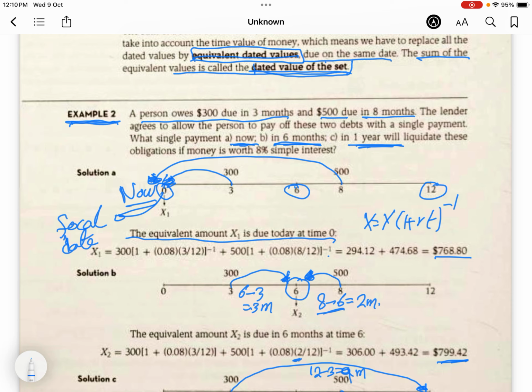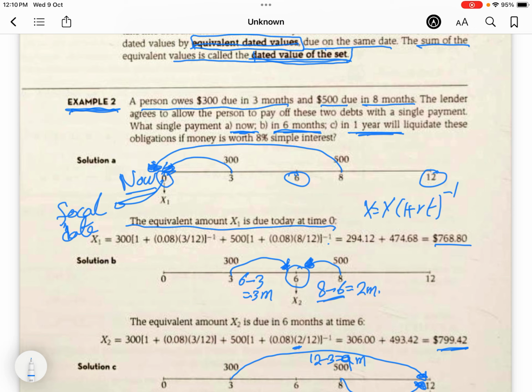Part B, he said to calculate with the focal date at 6 months. Then you will move from 3 months to 6 months, which is 3 months, and from 8 months to 6, which is 2 months. Notice the arrows. Moving to the right means multiplication.